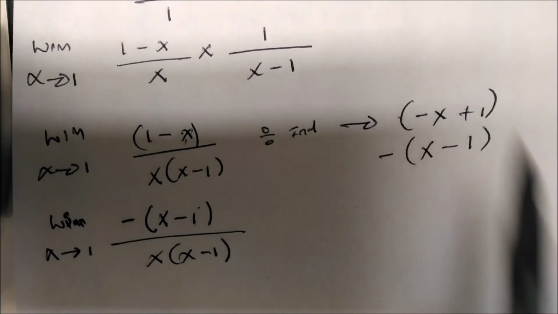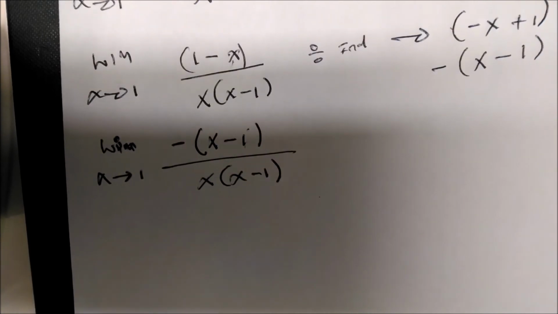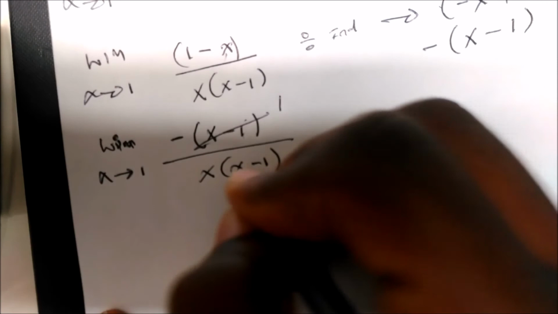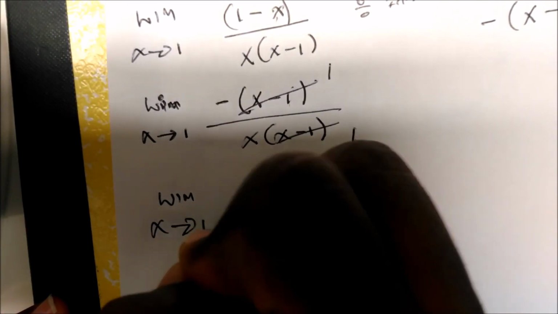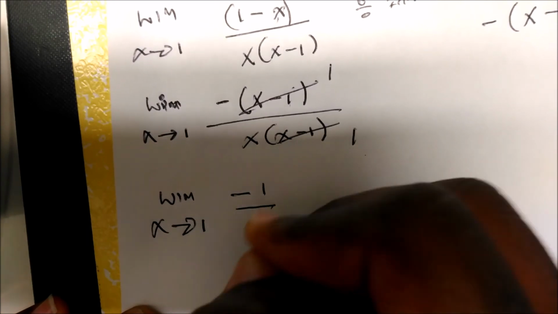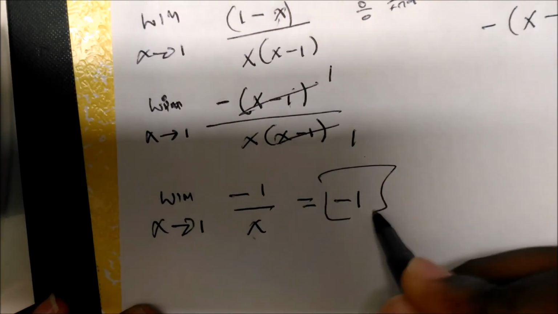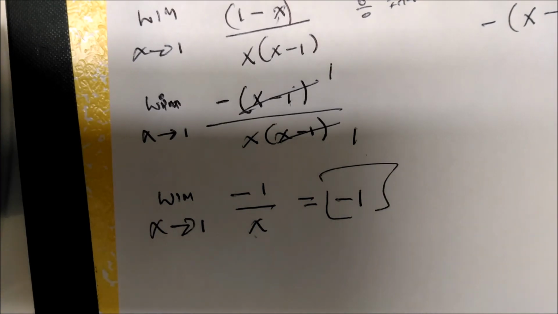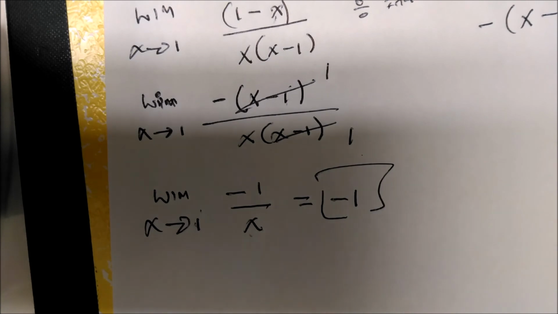So basically it's the same thing I did here, I just did it in a quicker step, but I want you to see where I'm coming from. So now we can just cancel. So the limit as x approaches 1 of negative 1 over x is actually negative 1, because now we can just plug in 1 for x, and that would just give us negative 1.